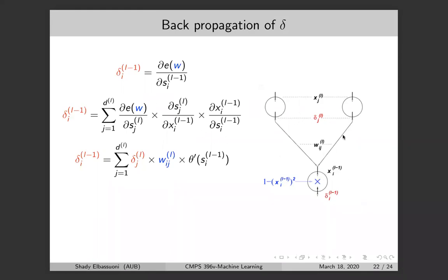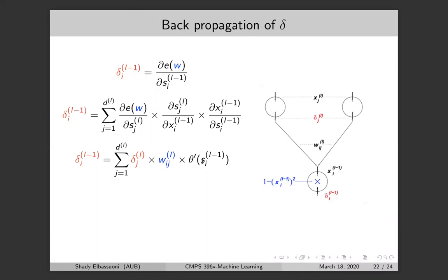What is this? This is basically W_ij of L. Why? Because the signal is a summation of weights times inputs, but the only one that depends on X_i of L minus 1 is W_ij of L. So I get W_ij of L. And then I have this final part, the derivative of X_i of L minus 1 with respect to the signal.